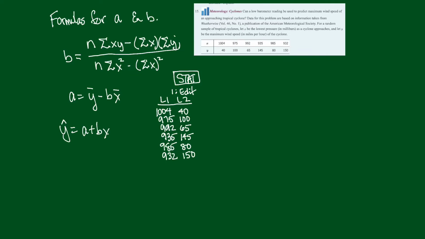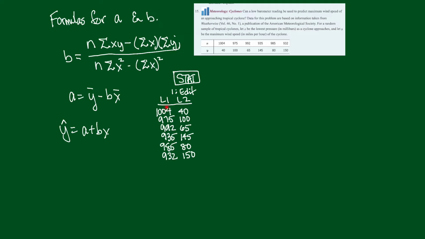Let's do this example using our calculator. We are going to have our calculator make all these computations for us. Otherwise, it's a really long process. So what do you do? You go to Stat, to Edit. Now, you may have numbers in there from the last time we did this. If you want to clear those out, remember what to do.